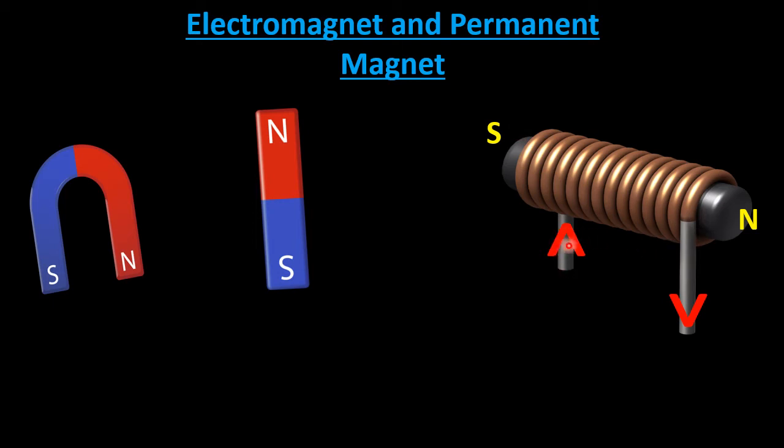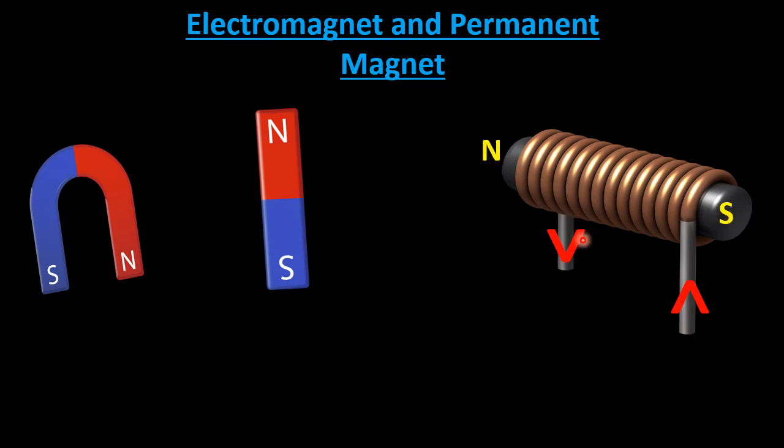So if this is the flow of current, then here it will be north polarity and here south polarity. But if the current enters from this side and comes out from this end, then here it will be south polarity, where before it was north polarity, and here it will be north polarity.